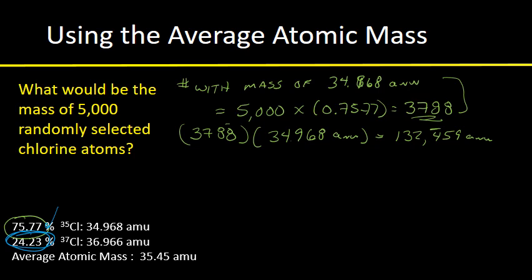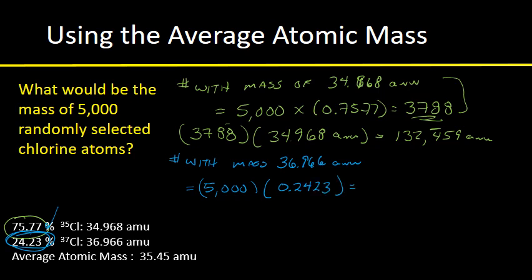So the number with that mass is going to be the total number of atoms, 5,000, times the probability of drawing an atom with that particular mass, which is 24%, but we're going to write this as a decimal number.